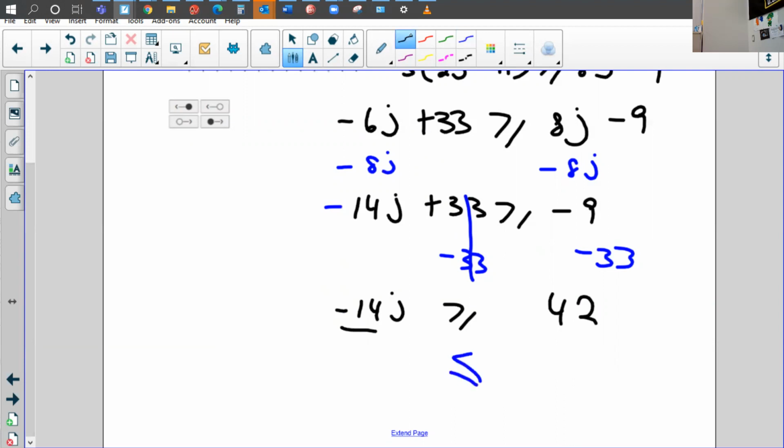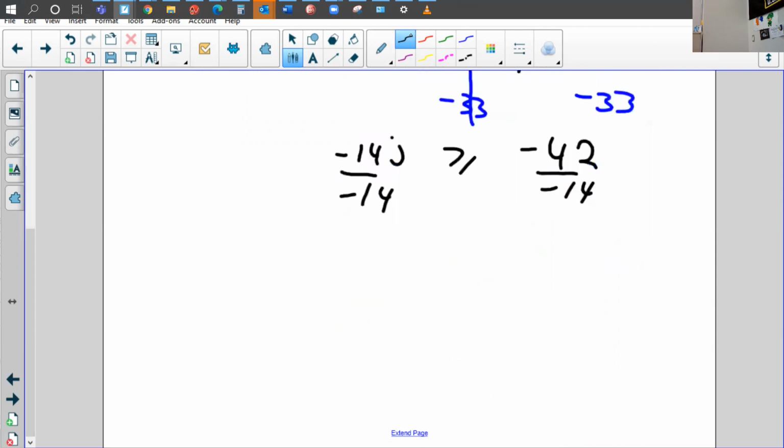So divide by negative 14, this is negative 42, right? Yeah, negative 42, divided by negative 14. This becomes J is less than or equal to 3.